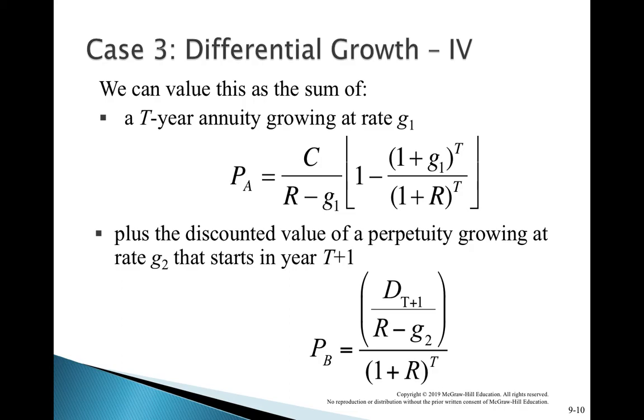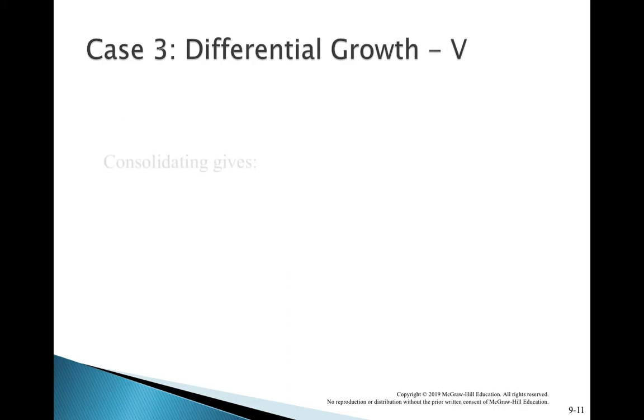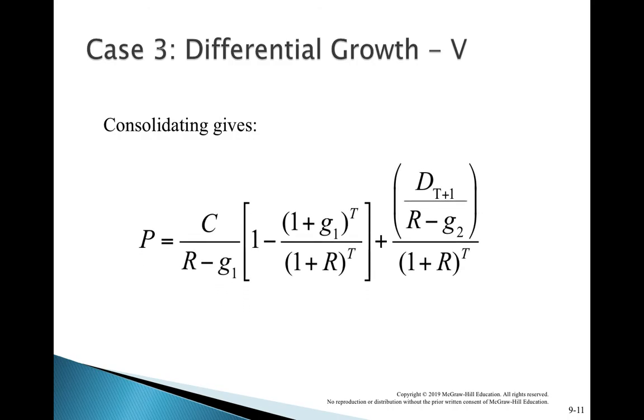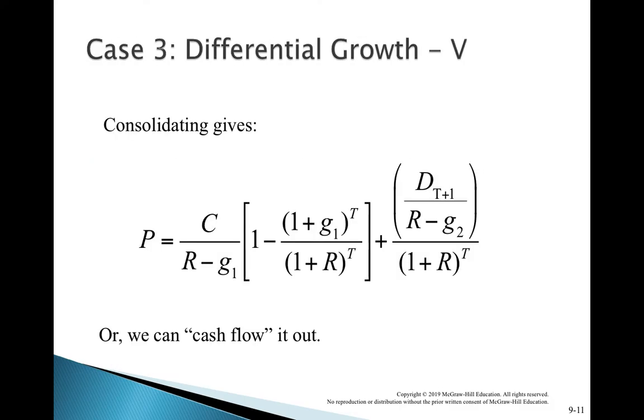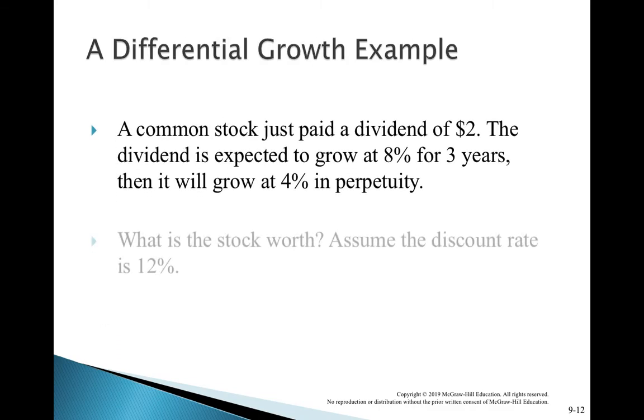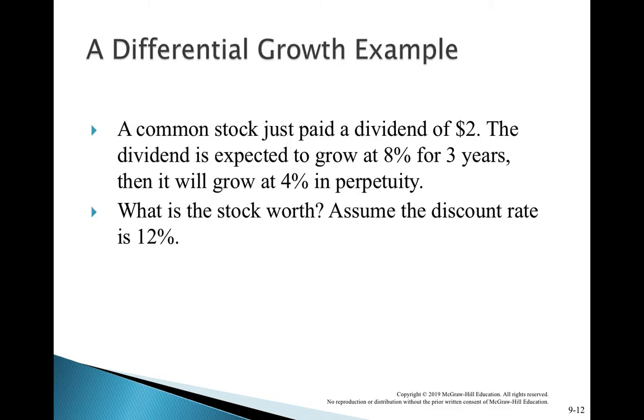Once you add back both of them, it will be the value of the stock. It looks complicated, but it is not if you are doing it through the spreadsheet, that is called cash flow out. Let us do this exercise.